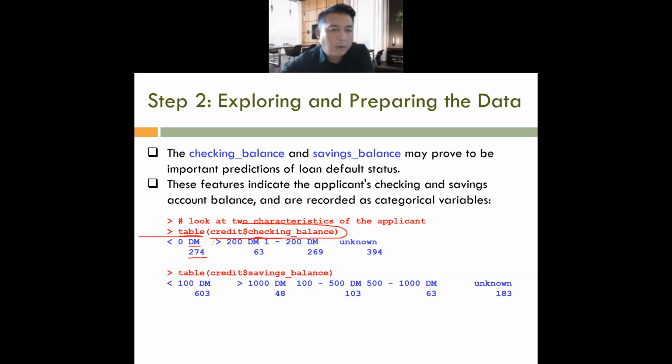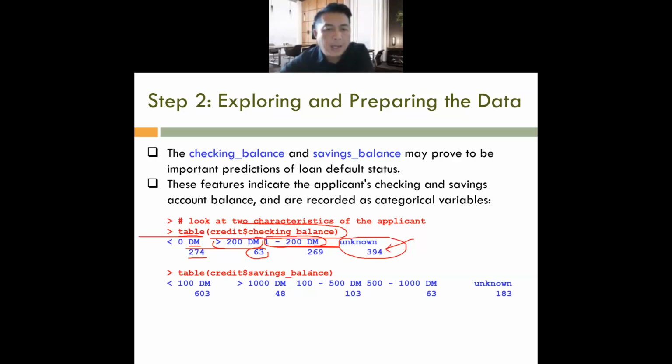For records that have greater than 200 Dutch money, we have 63 samples. We have 269 samples of records where the checking balance is between 1 to 200 Dutch money, and the rest is unknown, meaning this is missing data.